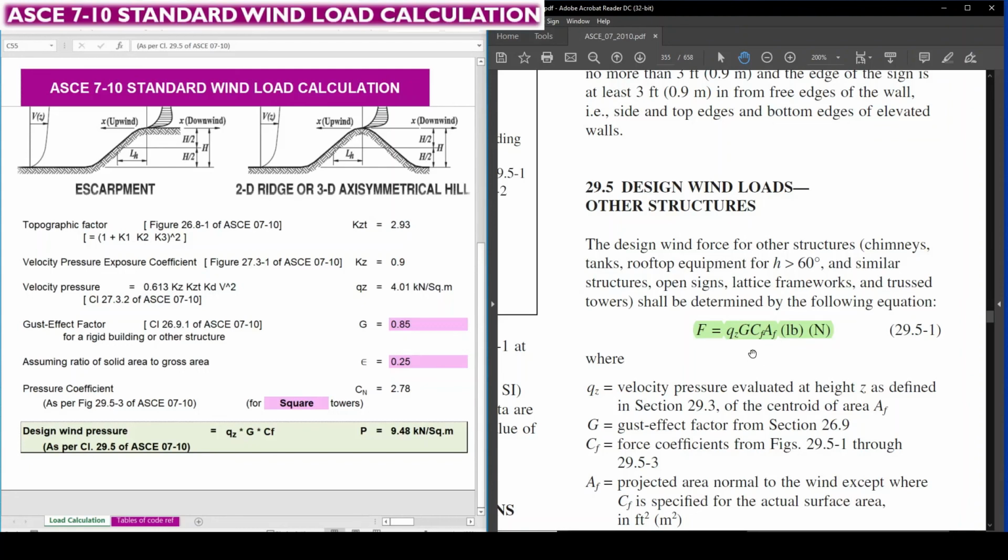By ignoring this, we are getting the formula qz into G into CF. So by applying this formula, we are getting 9.48 kilonewton per square meter. So with this, we can conclude that we have calculated the design wind pressure as per ASCE 7 2010.